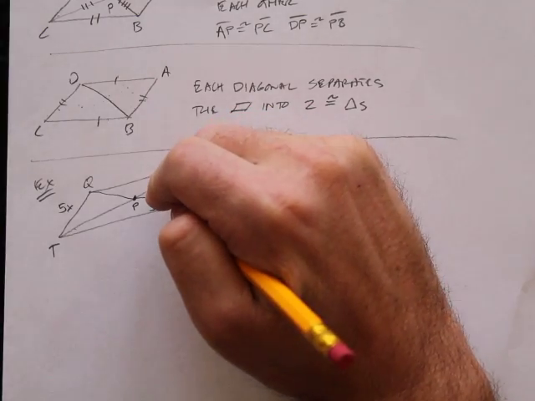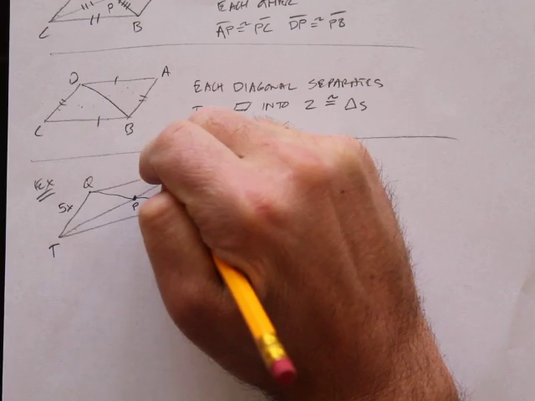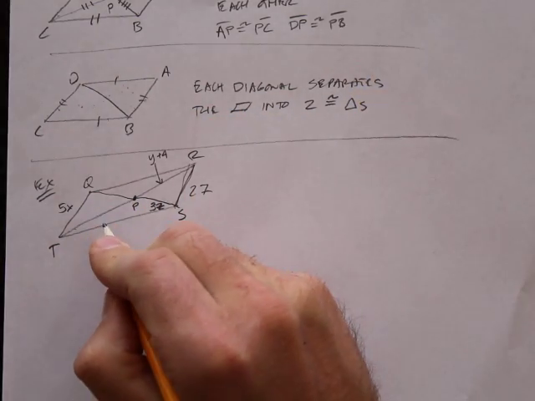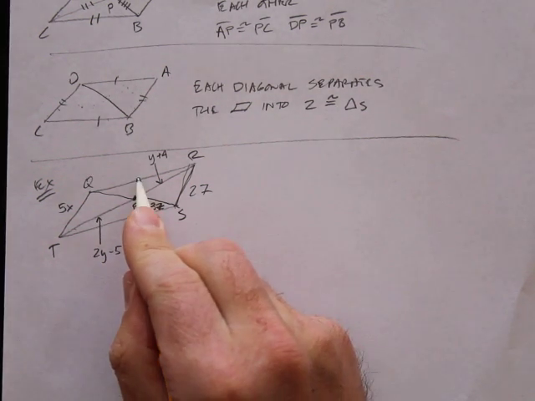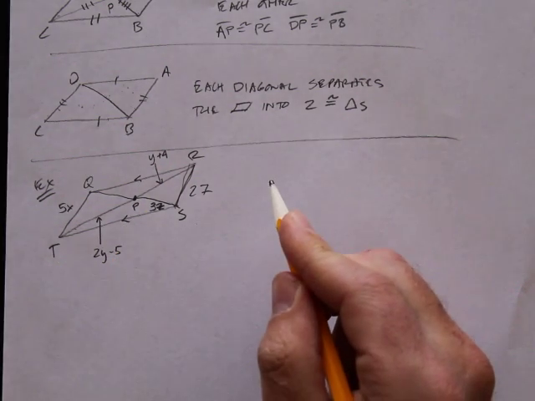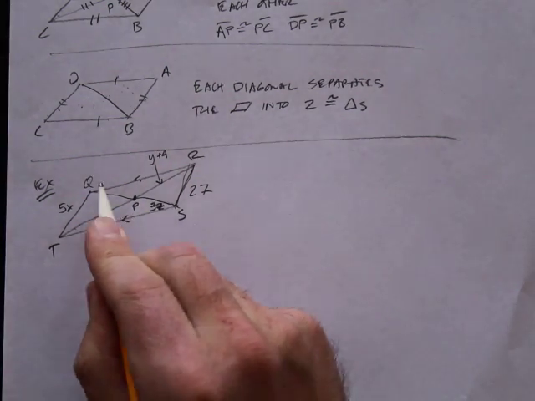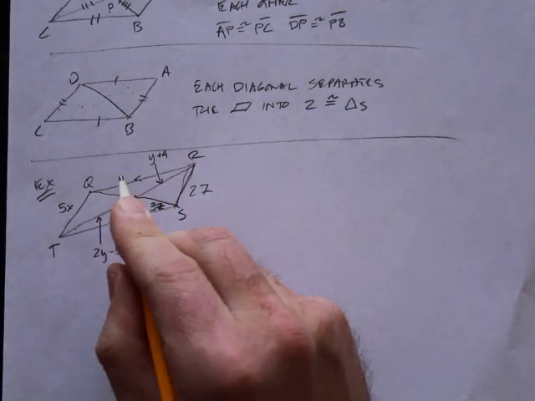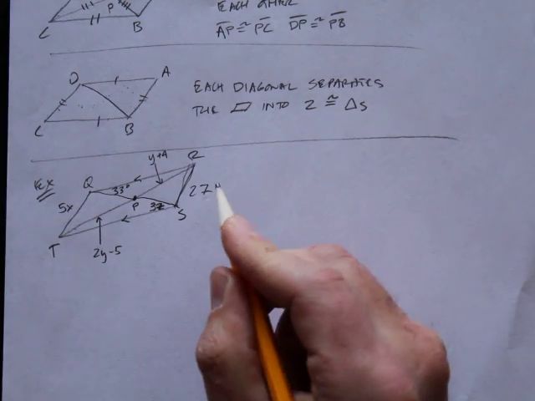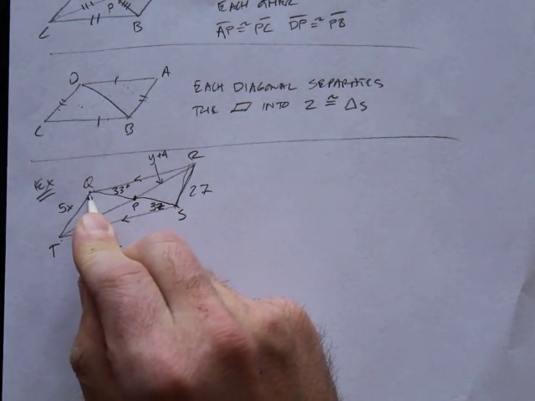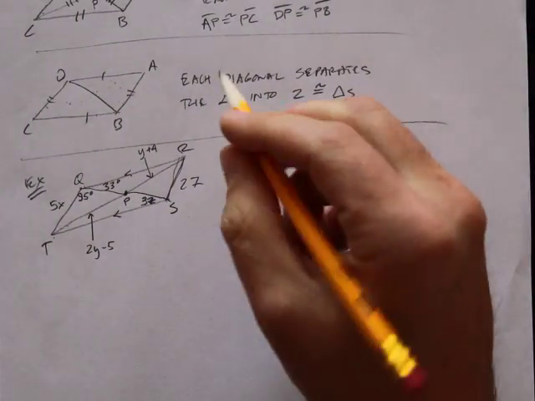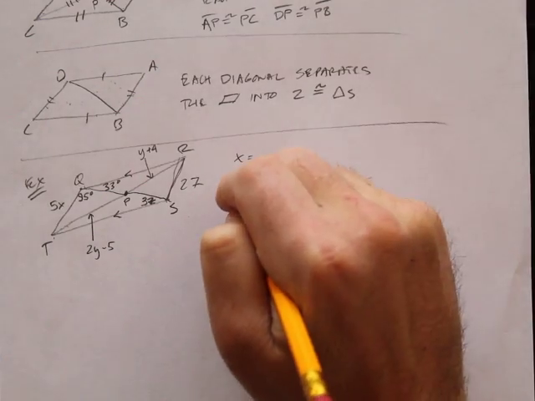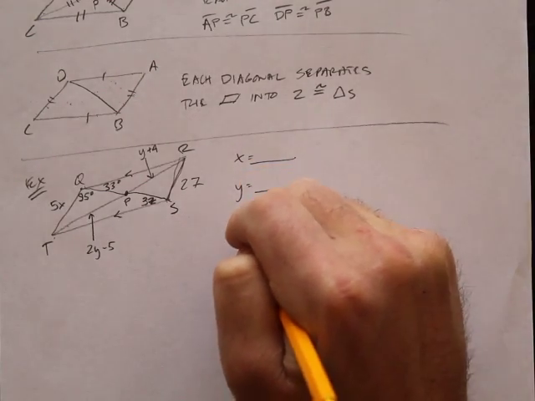This side is y plus 4. This side is 2y minus 5. QR is parallel to TS. RQS is 33 degrees, and SQT is 95 degrees. I think that is all of the information. Now, I want to know what is x, what is y, what is z.